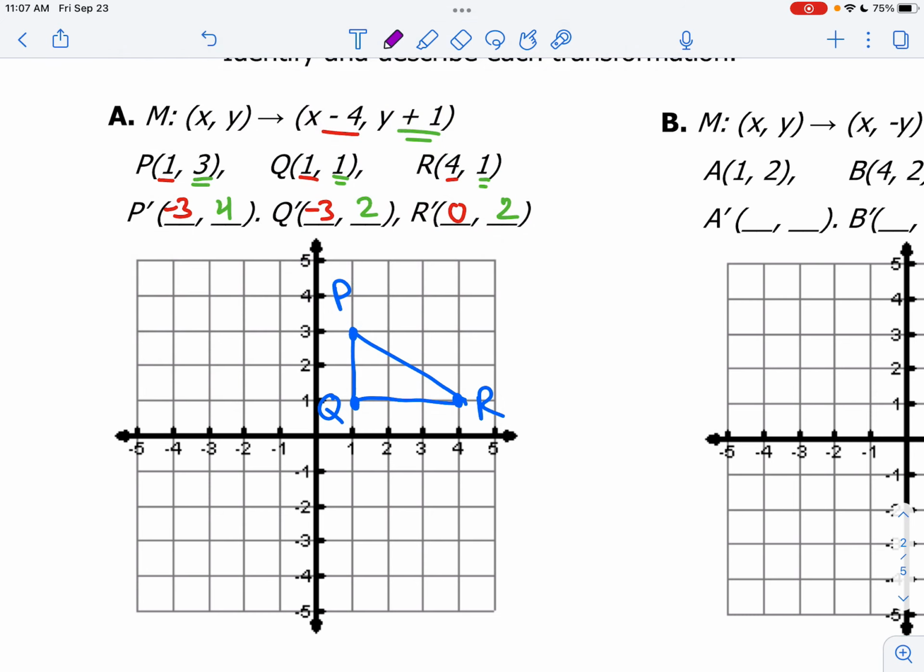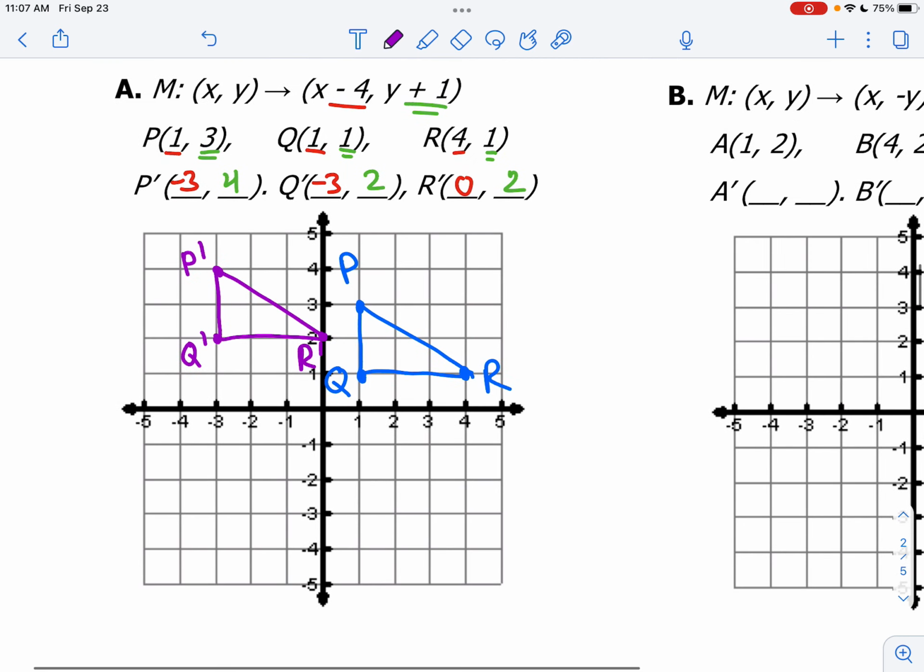Should have given you a warning. P is negative 3, 4, negative 3, 2, and 0, 2. Boom. And let's label it P prime, Q prime, R prime. Don't forget when you're doing this on a test or quiz, you get points for making sure you label them correctly with the primes. So do that.